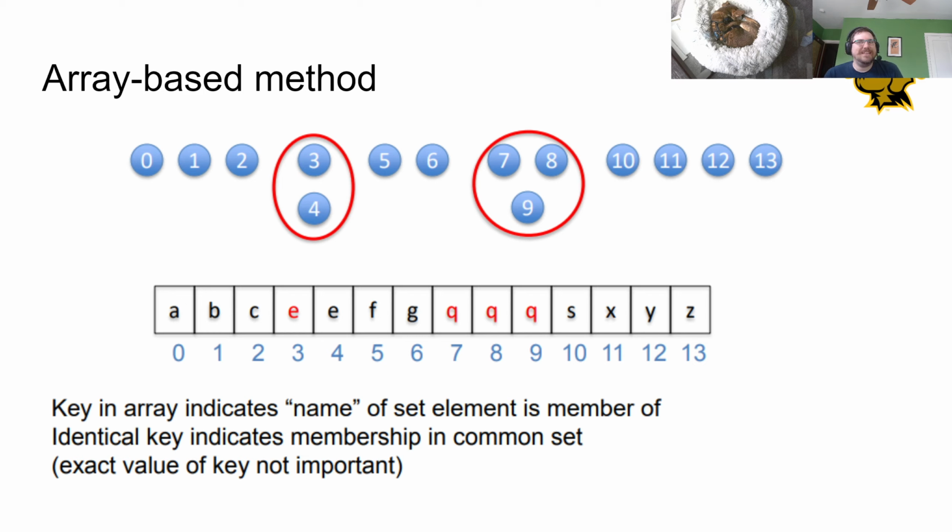To find every member of E, we have to scan all the way from 0 to 13. If we're going to union E and Q, we'll call the resulting set Q. It doesn't really matter for this particular case. So we'll go look at every instance of E and change it to Q.